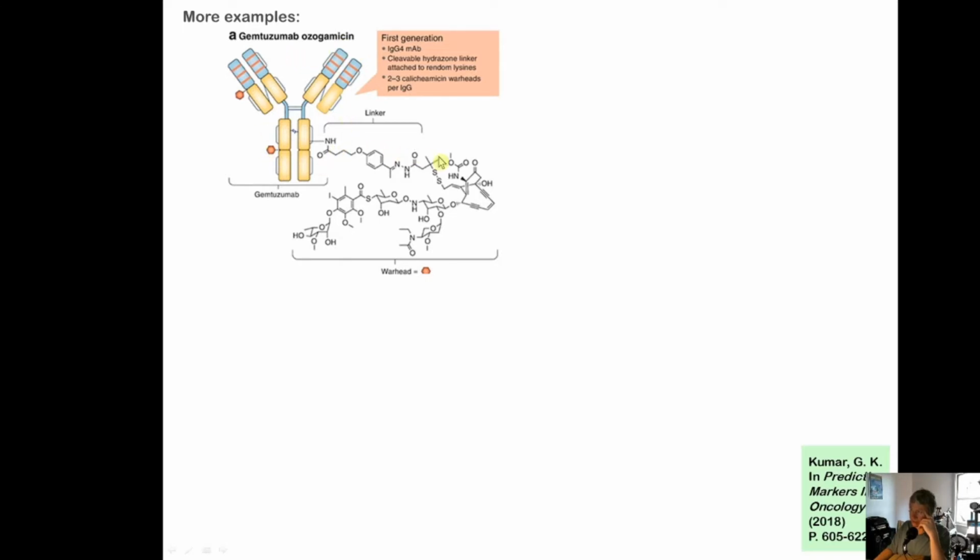There's a linker. This uses a hydrazone linker, which is cleaved by aqueous hydrolysis, I believe. And then this uses something called calicheamicin, which we have not gotten to talk about in this class, but calicheamicin is an enediyne component, and this sort of cyclizes to make a benzene diradical.